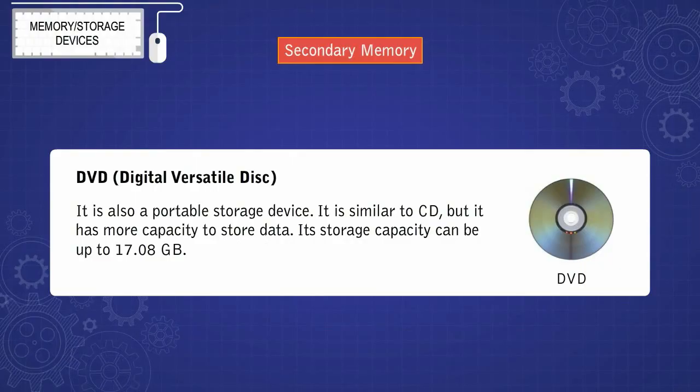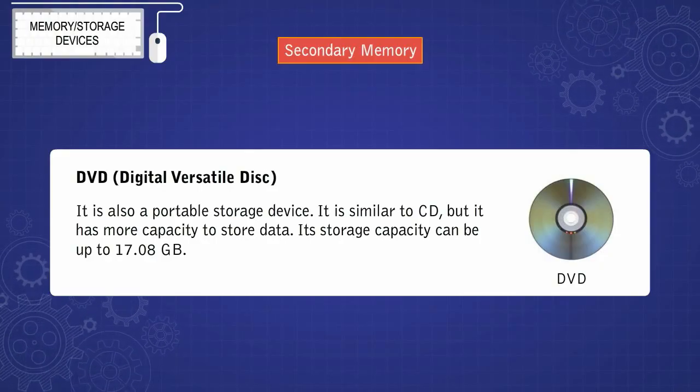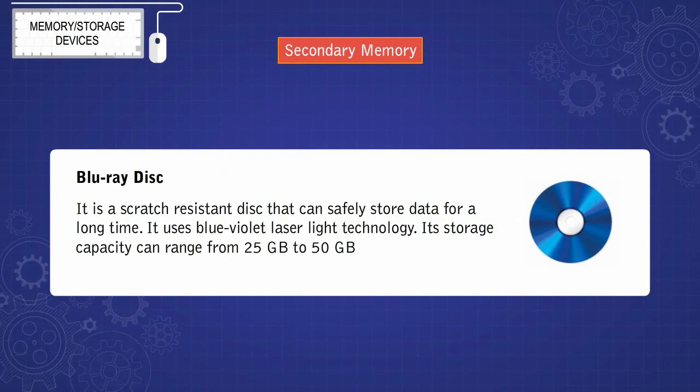DVD, digital versatile disc. It is also a portable storage device. It is similar to CD, but it has more capacity to store data. Its storage capacity can be up to 17.08 GB.